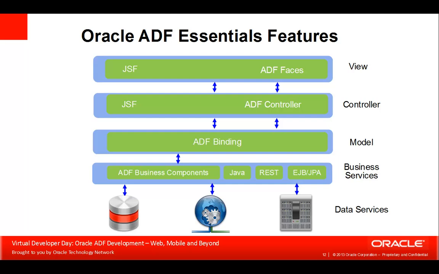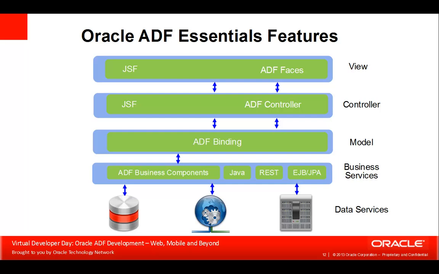We have either standard JSF or ADF Faces. For the controller, we can make use of the standard JSF or the ADF controller. We still have the binding layer. We get the business services, as well as our Java business service or REST web service, or the web service data control, and exposure of EJB JPA.